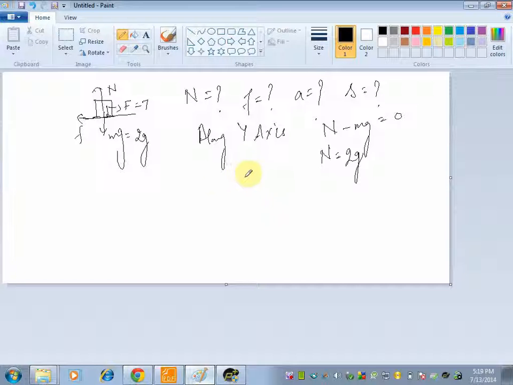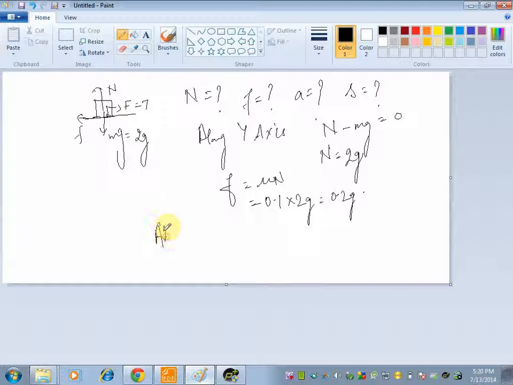For the moment, friction force here is kinetic friction, so this is mu N, this is mu, that is 0.1 into 2g, this will be 0.2g. Whatever the force is, 7.